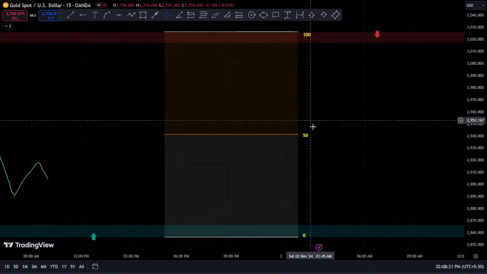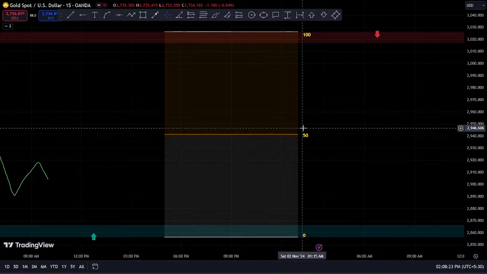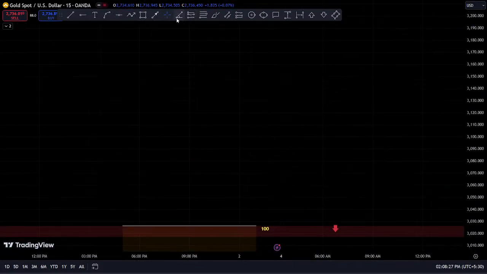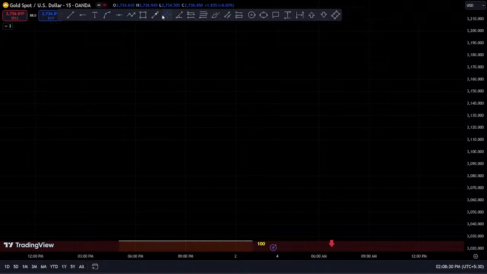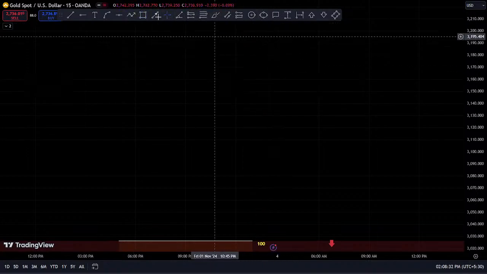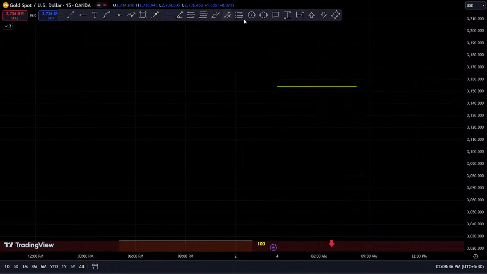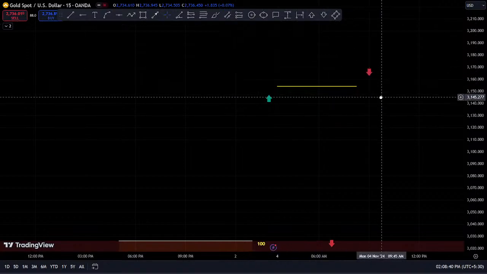Okay, so what does this tell us? Let us draw a buyer to seller equilibrium. Okay, this is the equilibrium line. These are the buyers and these are the sellers.